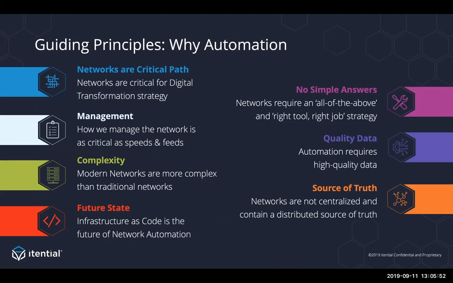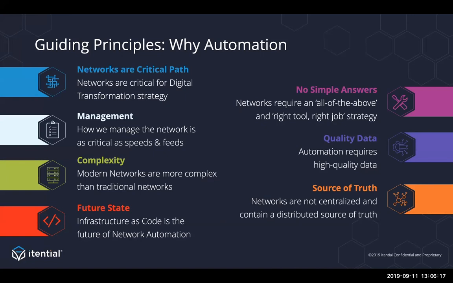The second is around the management of networks. Historically, when people bought networks, we really focused on speeds and feeds. We still see this in the data center, moving from 100 gig to 400 gig links. But I think we're seeing a lot of people talk about how it's more important to get bandwidth out of the network that's already purchased than talking about just the new box with the new speed and the new feed.